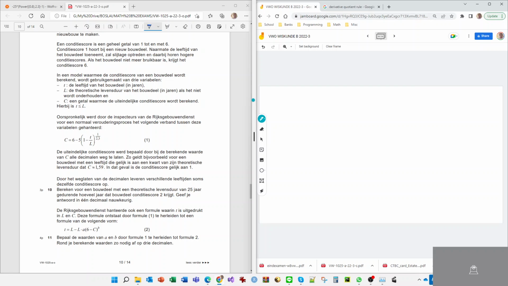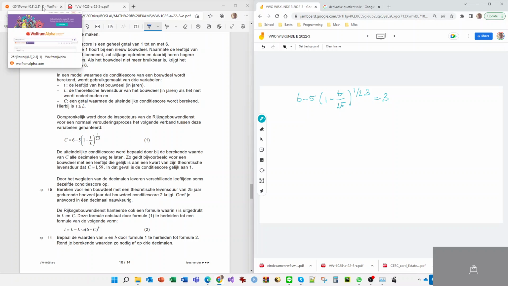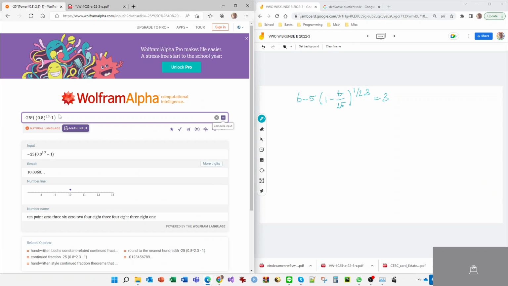So 6 minus 5 times (1 minus T over 25) to the power 1 over 2.3 equals 3. And you can do the same as I did for C equals 2, but let's illustrate how you can do this numerically.